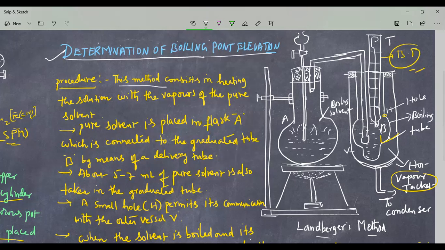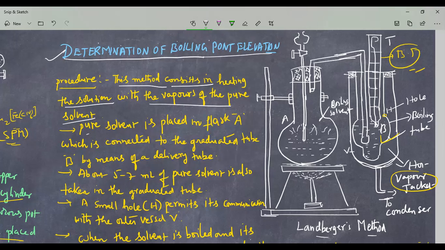What about this method process? This method consists of heating the solution with the vapors of the pure solvent. So vapors of the pure solvent we will use to heat the solution. In this picture, on the left side we have a tube, the solvent is boiling and the vapors will go into the graduated tube, right?